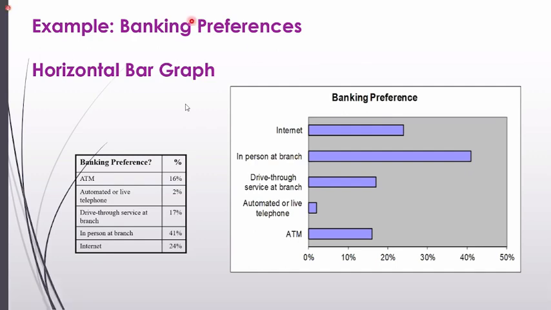So here the variable is banking preference. Then the measurements are these 5: ATM, automated or live telephone, drive-through service at branch, in-person at branch, and the internet. Based on these measurements, we can say that it is a nominal level of measurement.